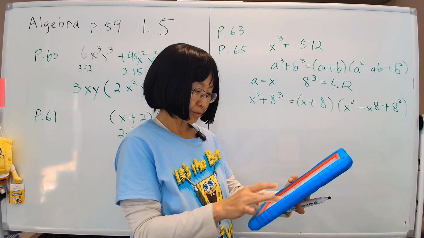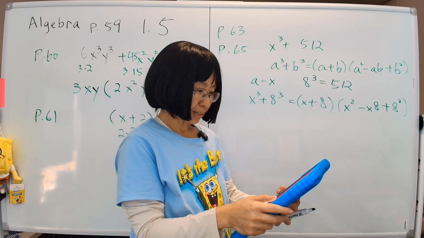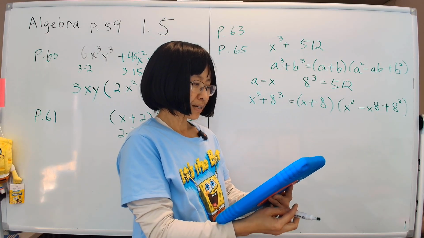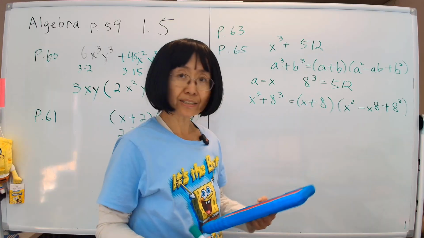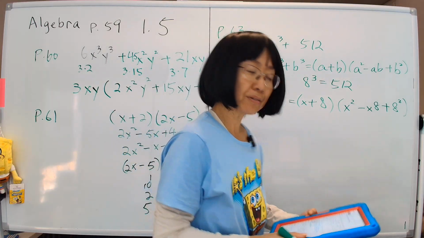Next, we are going to look at example 8. Example 8 is a matter of factoring expressions with fractional exponents. That's not done as much, but the principle is the same.